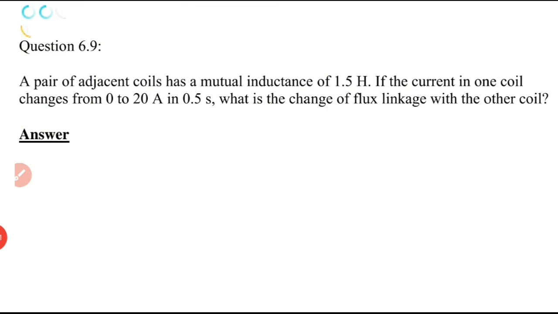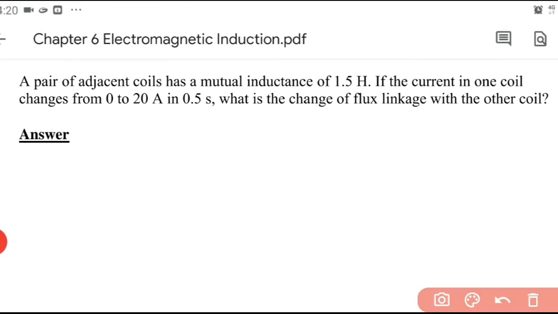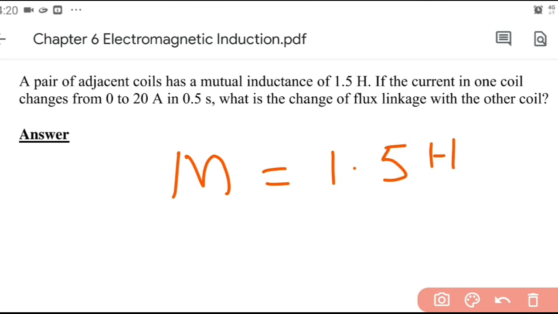So in this question, mutual inductance M is equal to 1.5 Henry, and the current changes from 0 to 20 ampere in 0.5 seconds. So di is 20 ampere and dt is 0.5 second. You are asked to find the change of flux in the other coil.